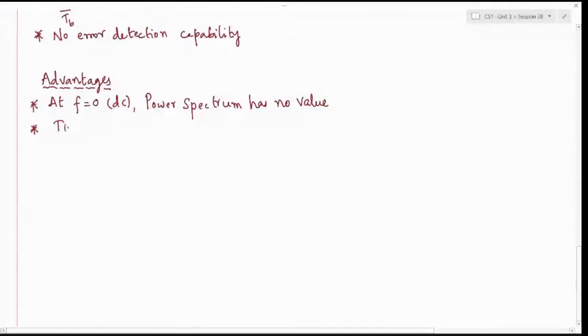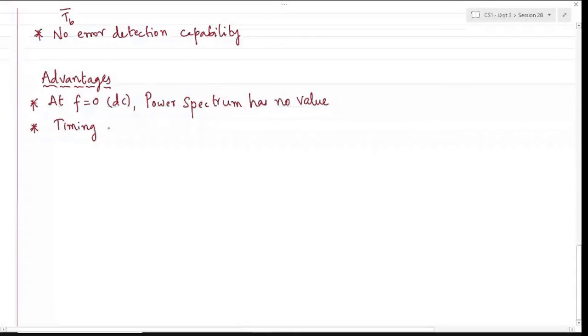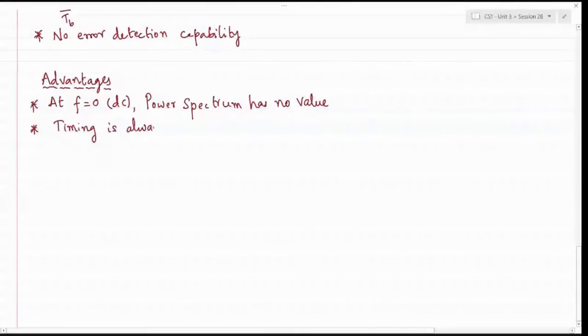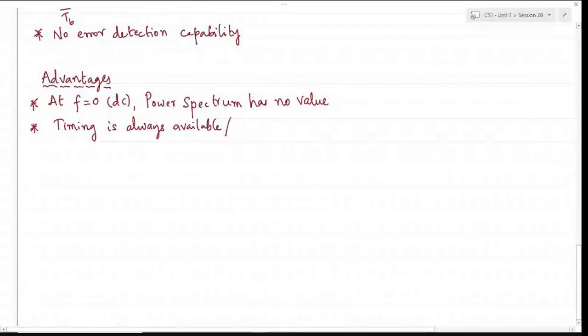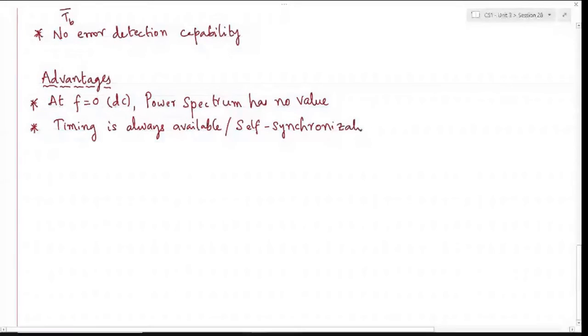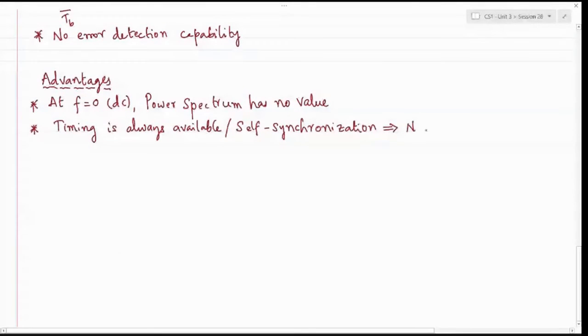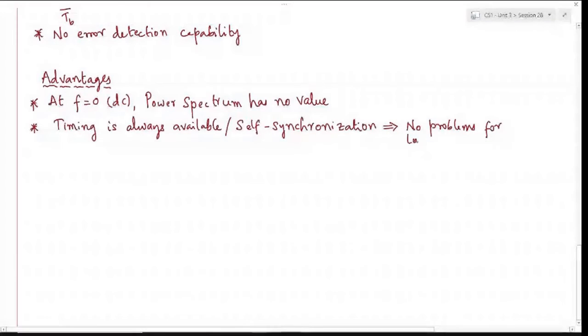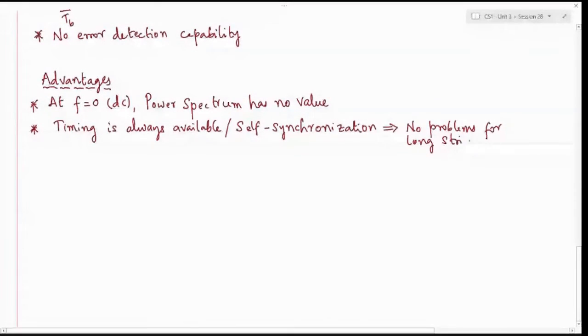timing. Timing is always available. We'll talk a little more about this. Manchester coding is known for self synchronization, and hence it poses no problems for long strings of zeros.